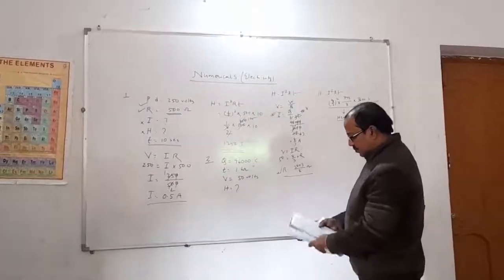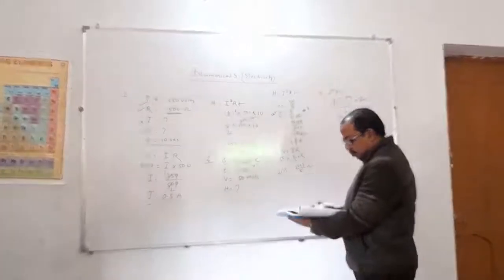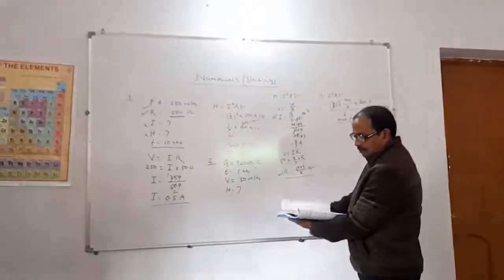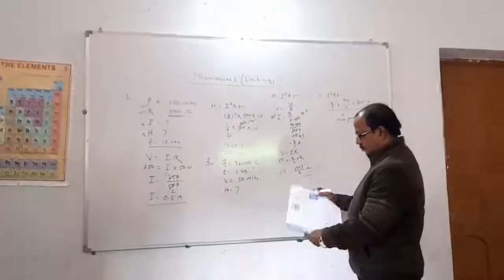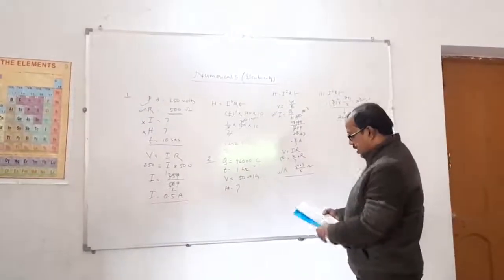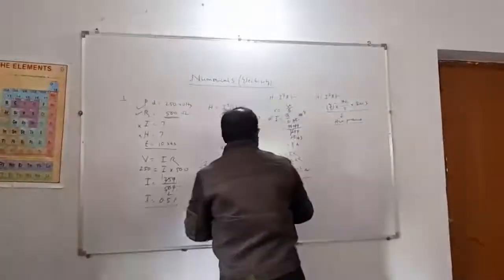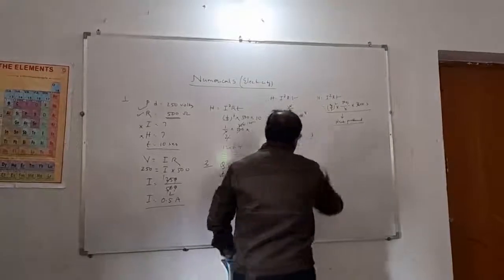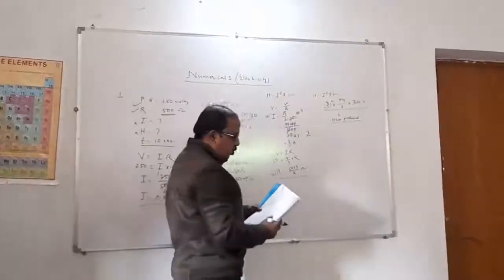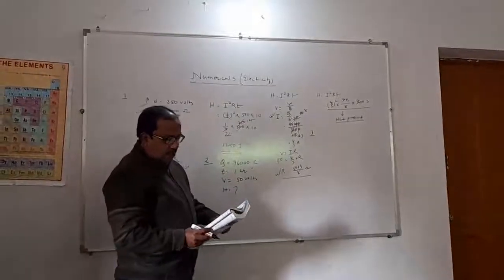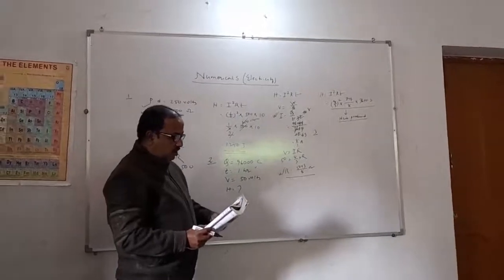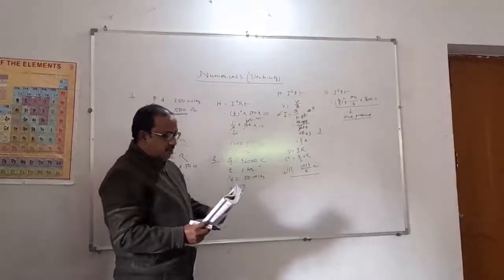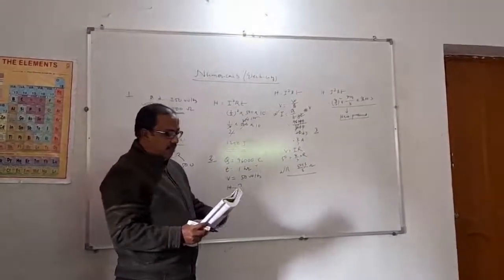Now, question number 3. Here are given two conducting wires of the same material and of equal length and equal diameter, first connected in series and then in parallel.